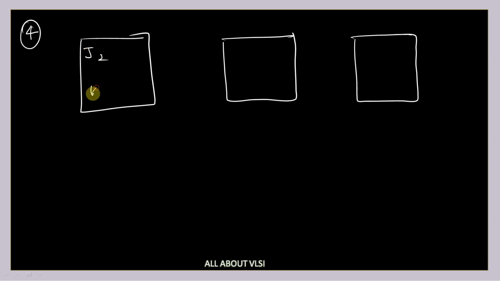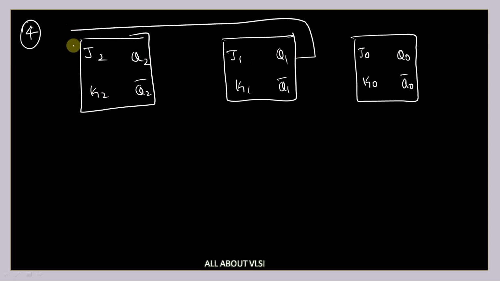We have a counter like this: J2, K2, Q2, Q2 bar, J1, K1, Q1 and Q1 bar, J0, K0, Q0 and Q0 bar. This Q1 is connected as a clock to this one.